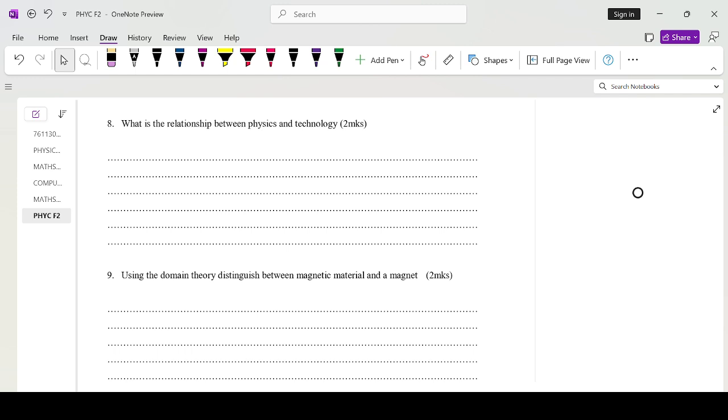What is the relationship between physics and technology? How do they relate? As technology is advancing, the machines used in the field of medicine, such as the X-rays, the body scanners, the lasers, are all applications of physics, and the machines came as a result of technology.